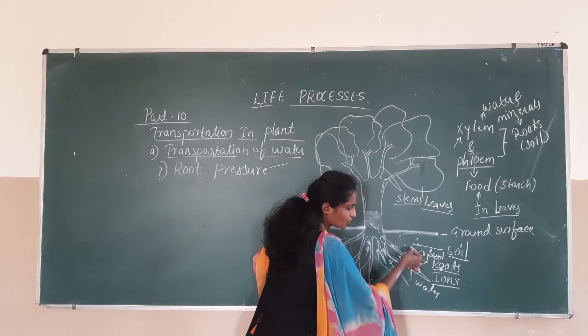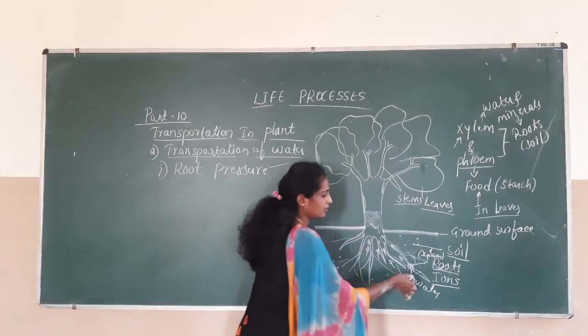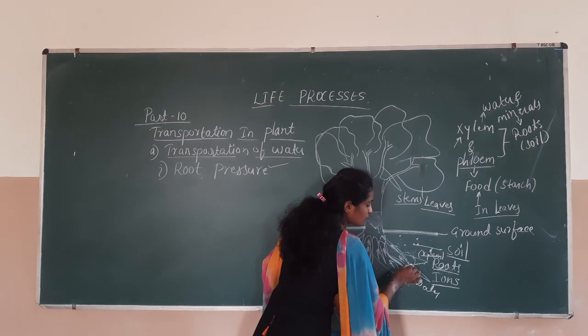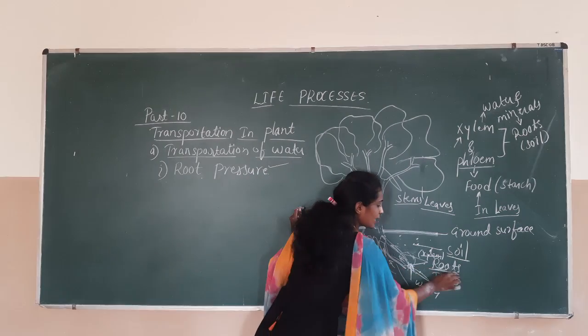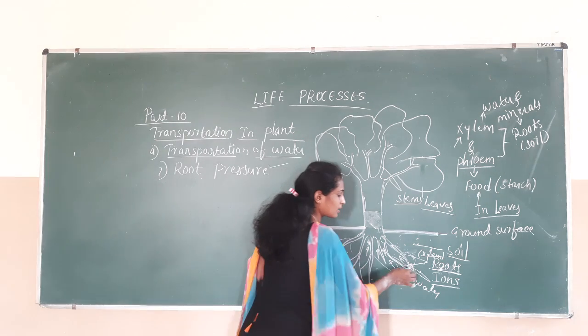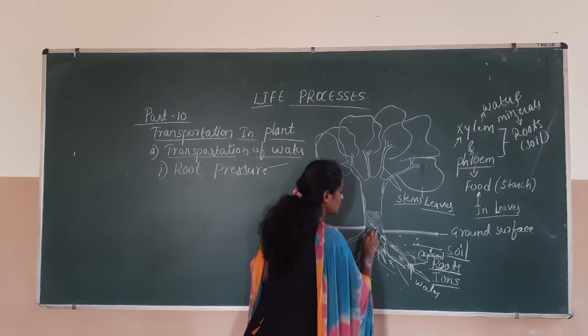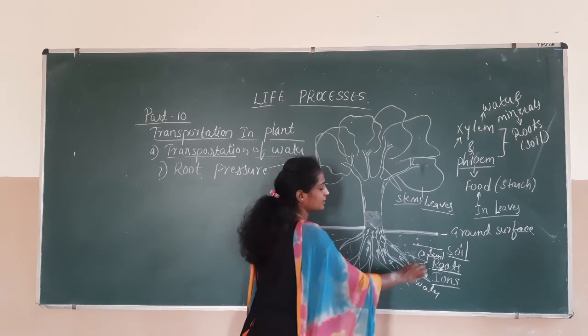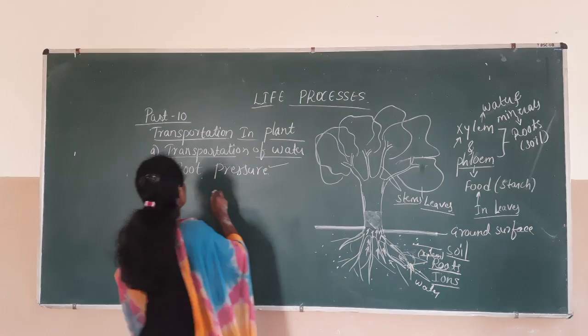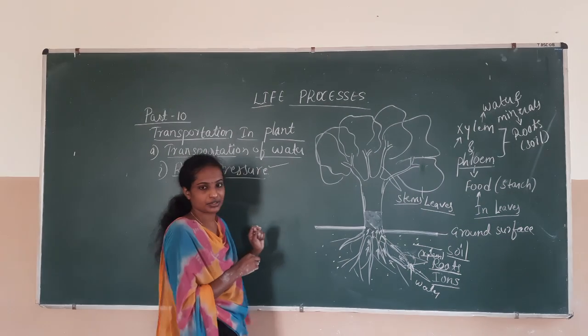To neutralize or minimize such a concentration gradient, the water from the soil enters into the xylem of the roots. Whenever the water enters, it moves upward towards the plant body. So it creates pressure, that is what we call root pressure.